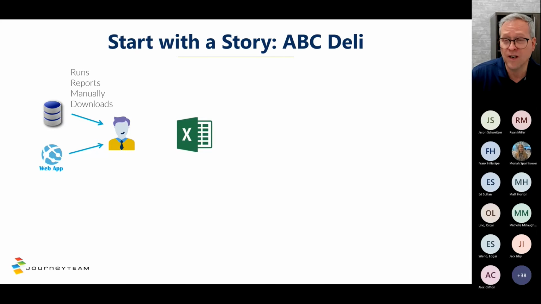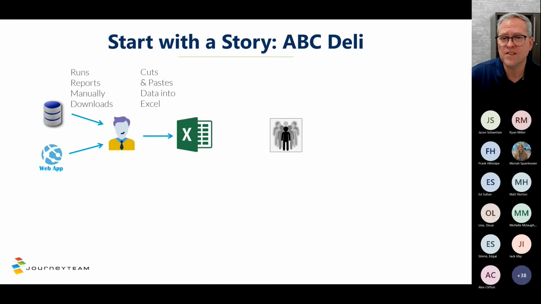Now we know he's good at Excel, so he uses that tool and loads that data from those files manually into the Excel spreadsheet that ultimately he'll give over to the executive team. Once he's pulled that data manually and organized it in Excel, he emails it to the executive team. And that file drops into their inbox once a week.